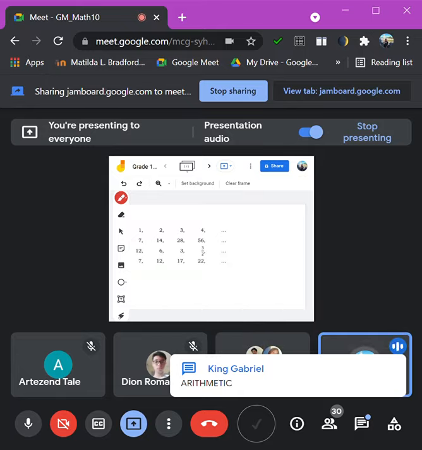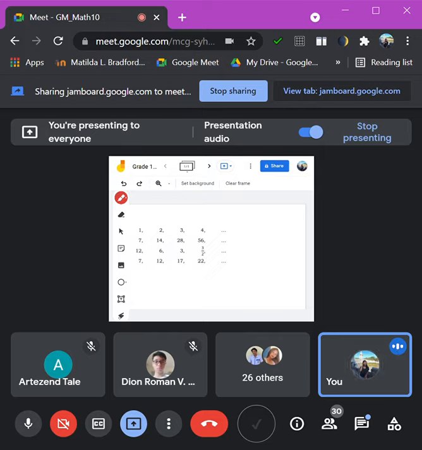Okay, Lasa. Why is your answer arithmetic? Unsay naa sa kani nga sequence kaning 1, 2, 3, 4 nga nakaingon ta nga arithmetic siya?